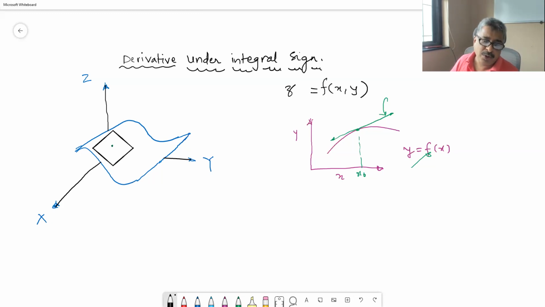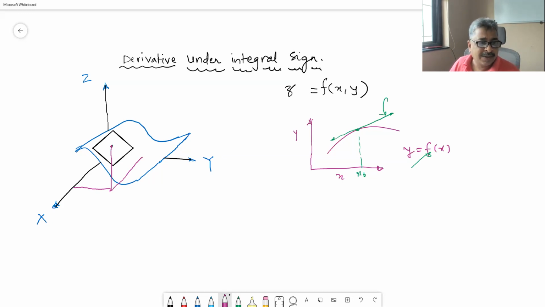And therefore, if I want to study the plane, it is okay if I study the plane in two directions. First direction is, understand this. Now suppose this is my point on the curve as well as on the plane which is tangent to that surface. I drop a perpendicular on the XY plane and I go to X and I go to Y. That will help you to imagine where that point is.